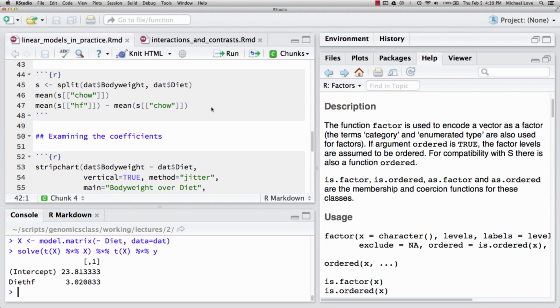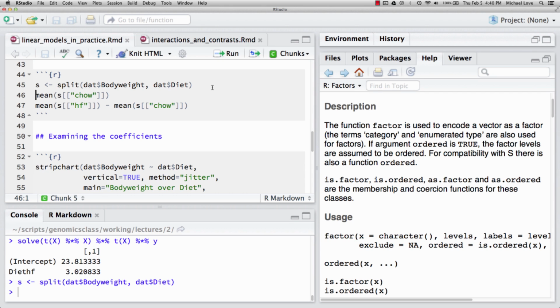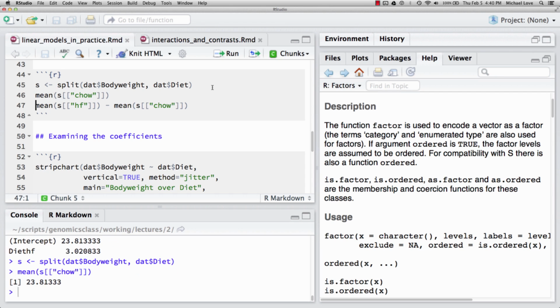So I have 3 more ways to look at these results from this linear model. The first is we didn't even need to use LM to run this, at least to get the coefficients. Remember, we have our split function. The intercept is actually just the average, the arithmetic mean of the control group, 23.8, and the second coefficient is simply the difference between the means.